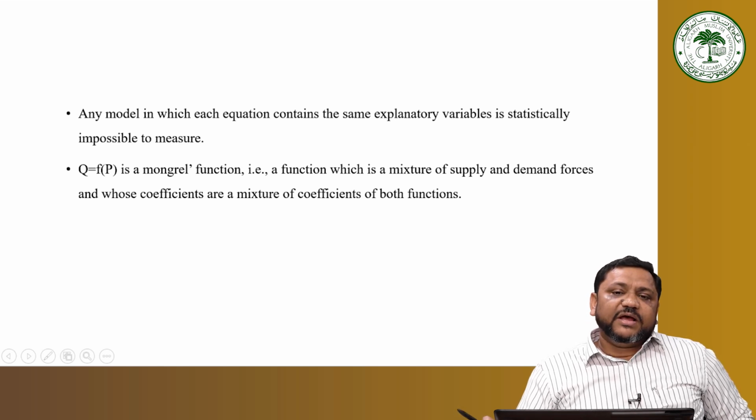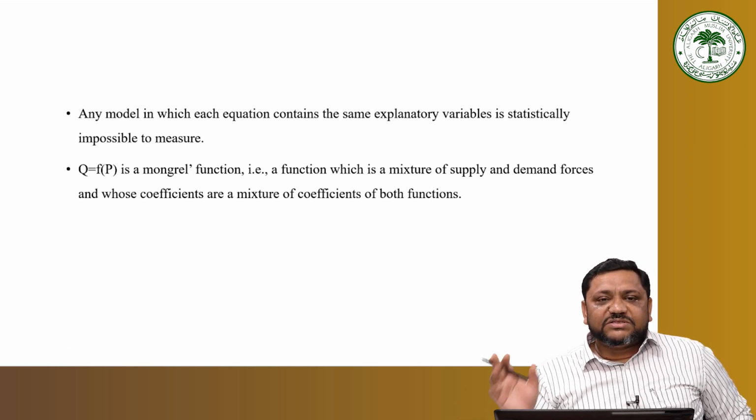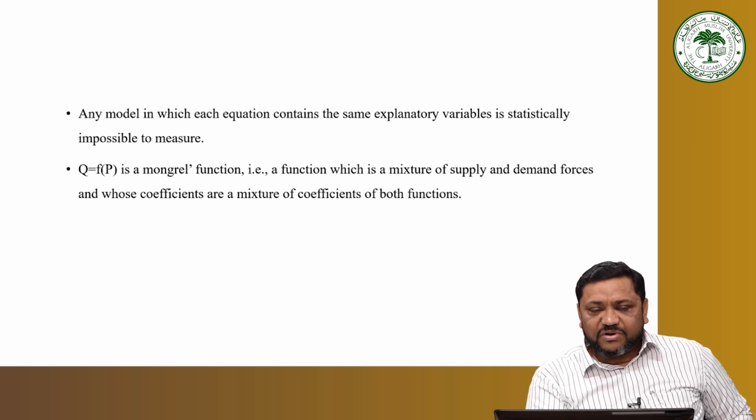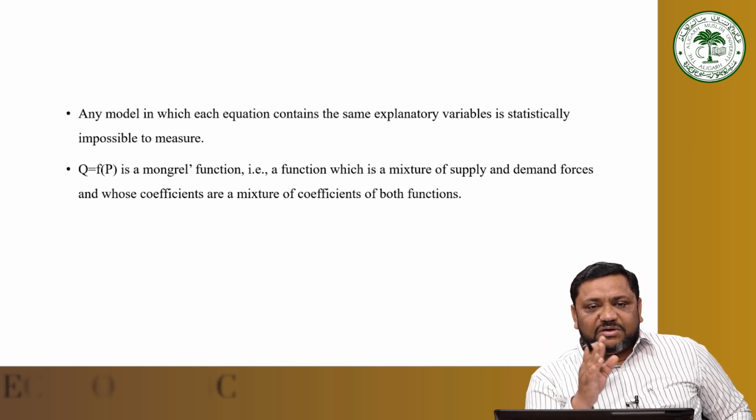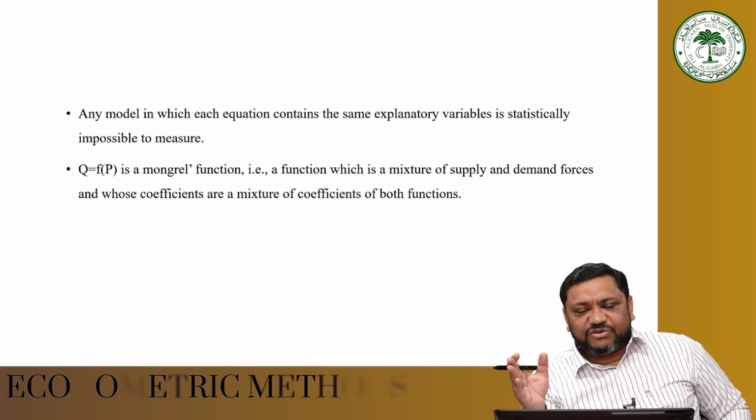That is, any model in which equations contain the same explanatory variable. In the demand function, demand is a function of price. In the supply function, supply is a function of price.